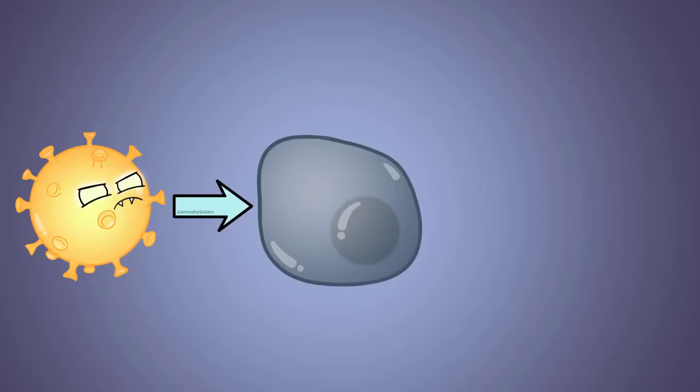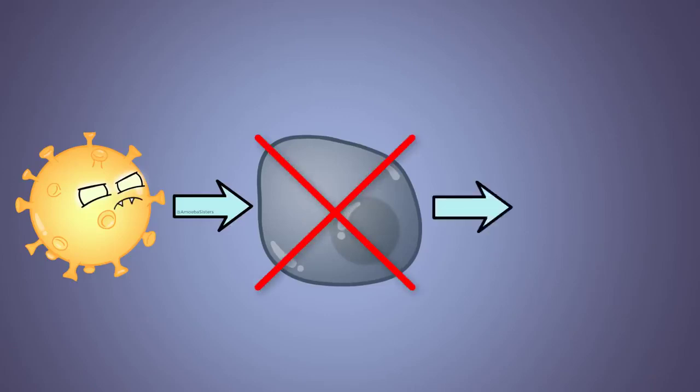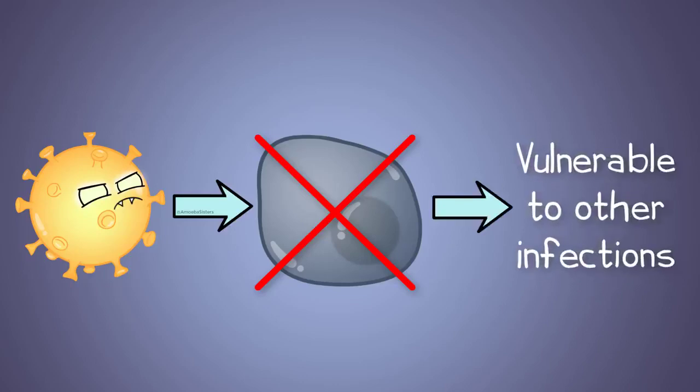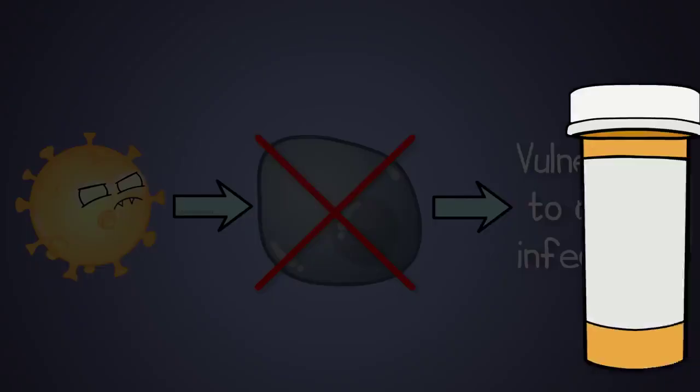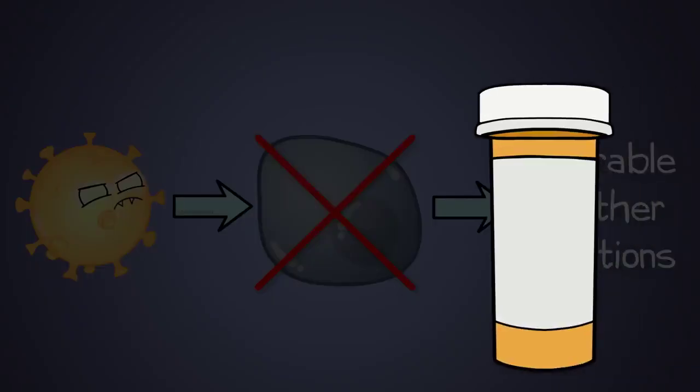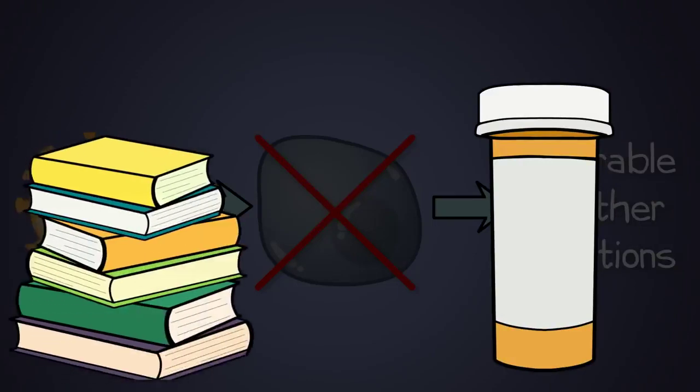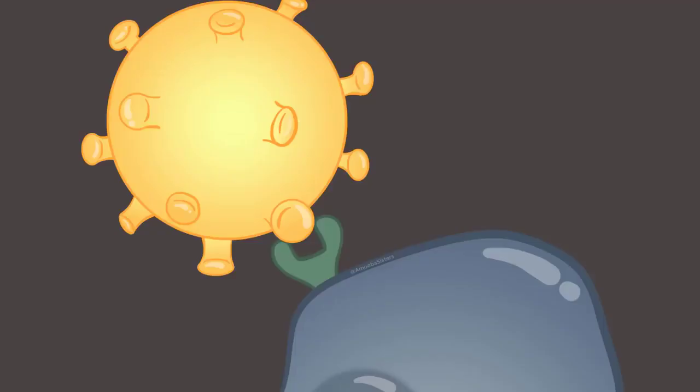Since HIV goes after these immune cells, it can make a person that is infected with HIV vulnerable to other infections. There are medications that have been developed to help keep HIV from replicating as quickly, and there continues to be research into looking into ways to keep the virus from attaching, because if the virus can't attach, it can't insert its genetic material.